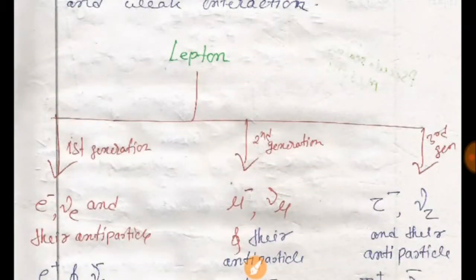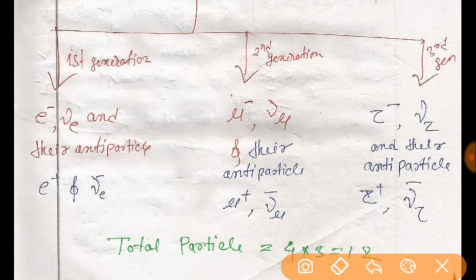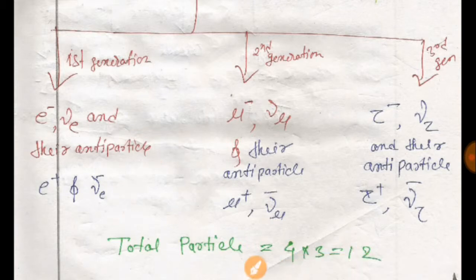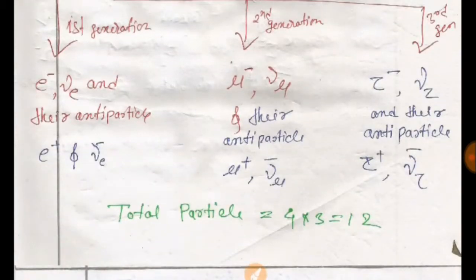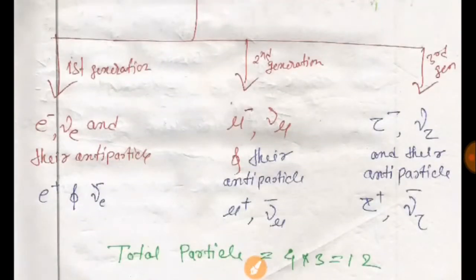See the leptons: first generation, second generation, and third generation. The first generation has the electron and electron neutrino, and their antiparticles; for the electron it is the positron, and for the neutrino we get the antineutrino. The second generation has the muon and muon neutrino, and their antiparticles. The third generation has the tau and tau neutrino, and their antiparticles.